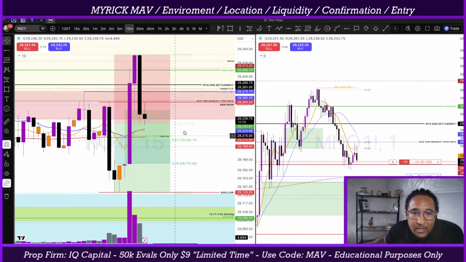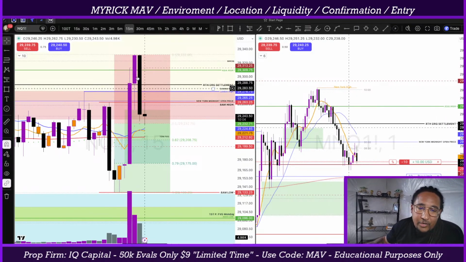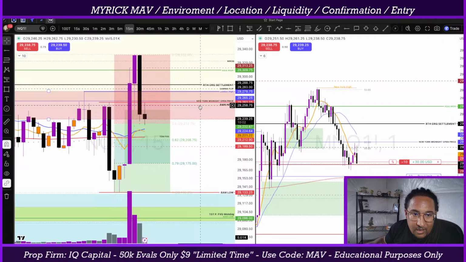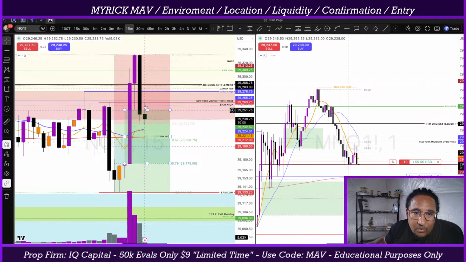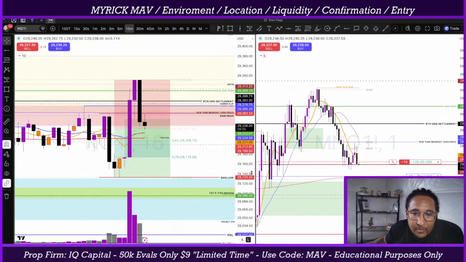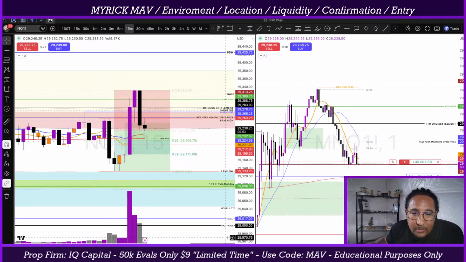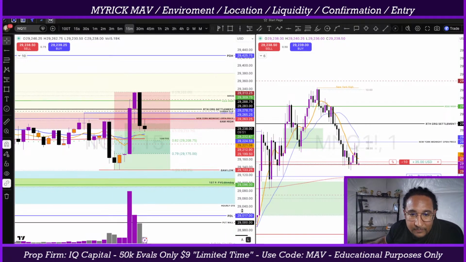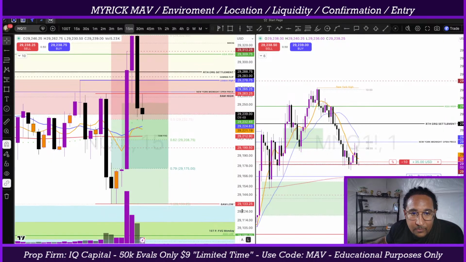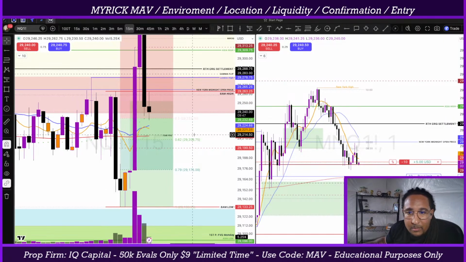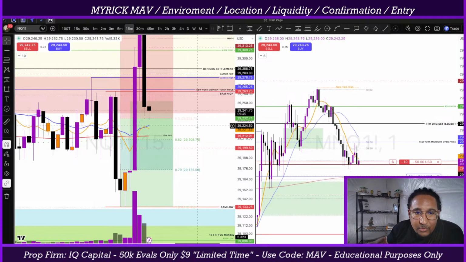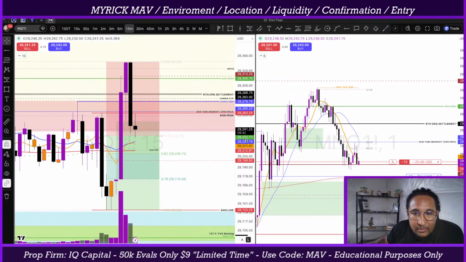So we'll see a continuation of the momentum of the trend to the downside. However, you will see those unstable wicks because we are below gamma zero. But the draw is the put wall down here at the 29,000 area. So we just got to be a little patient here and not get shaken out of our trade because of the drawdown.